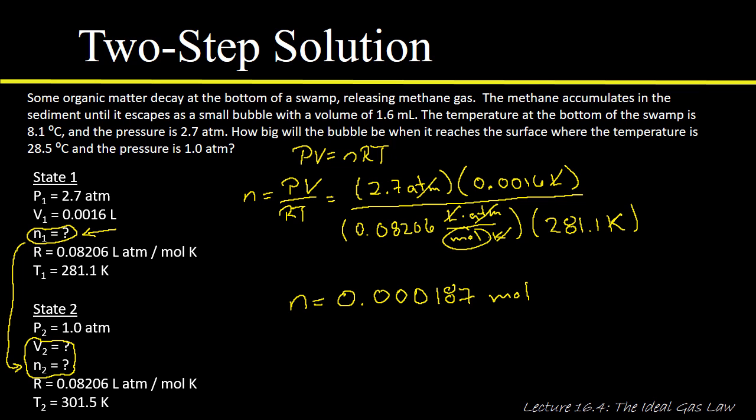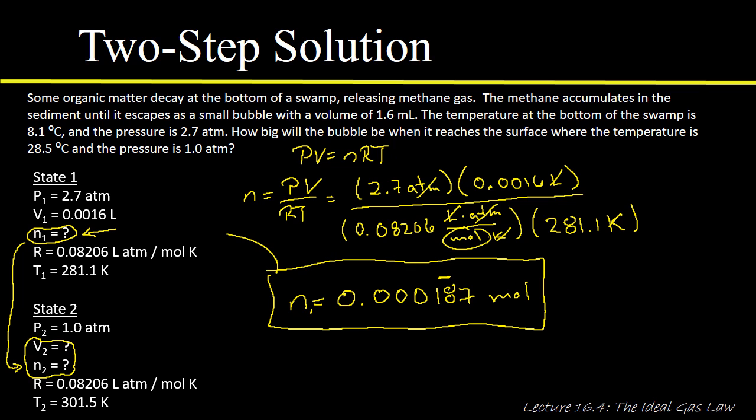And the pressure was given to us in 2 significant figures. The volume was given to us in 2 significant figures. So this number of moles is only good to 2 significant figures. All right. So we'll put a 1 there. That gives us n1, which is that value there. Okay. Now let's use that to calculate the unknown variable, the volume, in state 2.